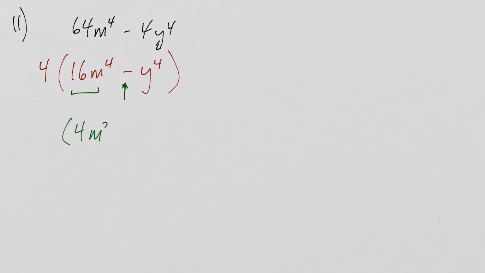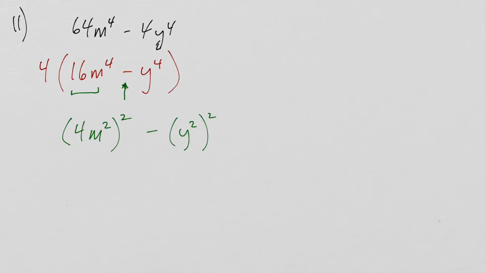Okay, the first step in any factoring problem is to take out the GCF, which is a 4, and that's going to leave us with 16m to the 4th minus y to the 4th. Hopefully you recognize this as the difference of two squares. Now the square root of this is 4m squared, and this is y squared.